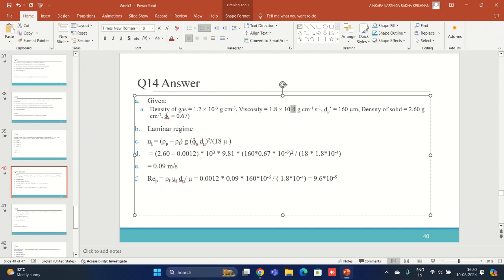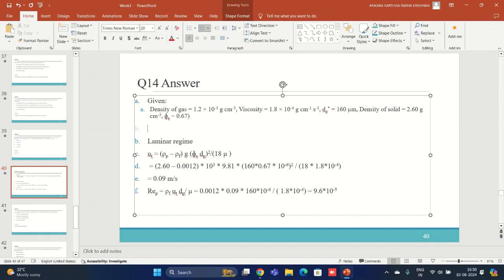Viscosity is 1.8 x 10^-4 gram per centimeter second. dP star is 160 micrometer. Density of solid is 2.6 gram per centimeter cube and phi s is 0.67. So it is in the laminar regime. So we have to find UT.